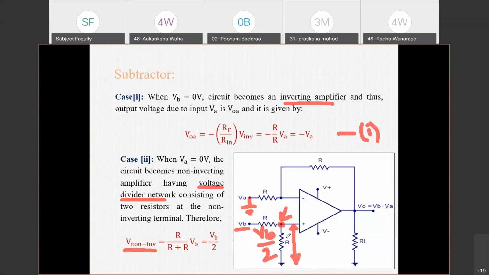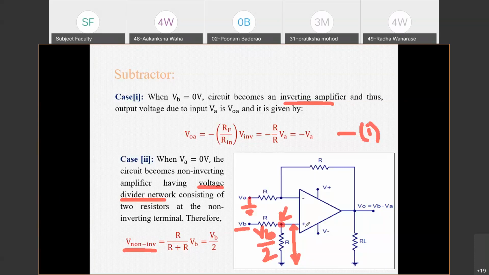But here we are interested in the drop across this resistance R. So what will be the voltage at this node? The voltage at this node is directly connected to the non-inverting terminal.